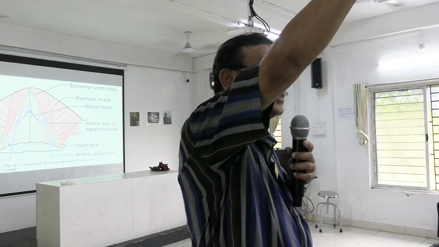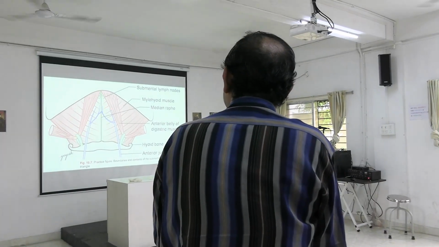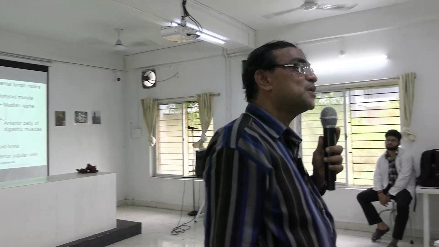The last point, a very important point. This is the anterior belly, this is the posterior belly. What is the nerve supply of the anterior belly? And what is the nerve supply of the posterior belly? They are the same muscle, so should they have the same supply? Yes or no?